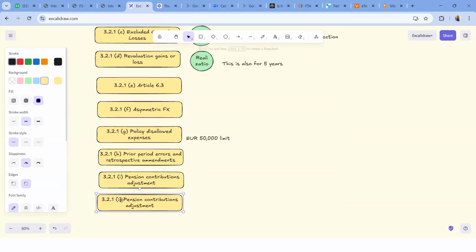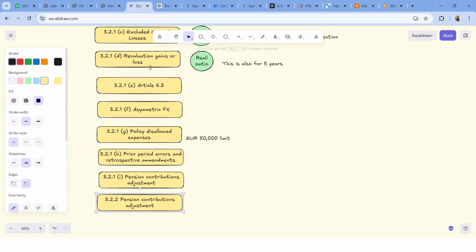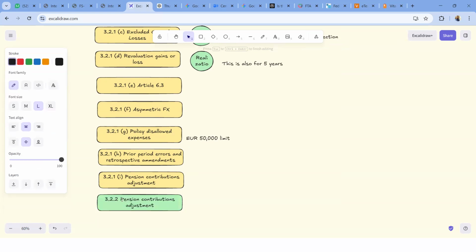Then there is 3.2.2, which is an election basically. So I will color this in green because this itself is an election. And this is what? Stock based compensation adjustments. You can opt to do this on accrual or at the time of exercise.